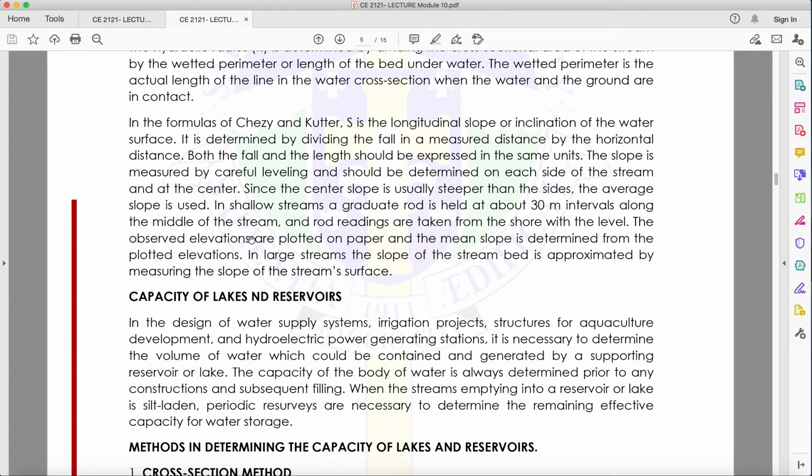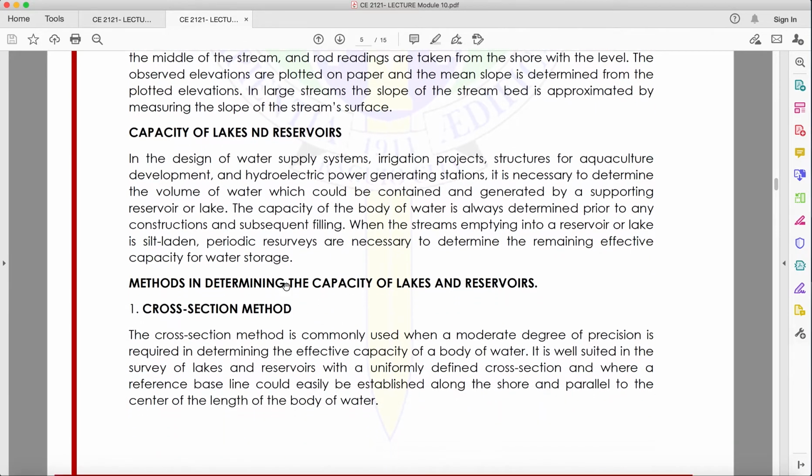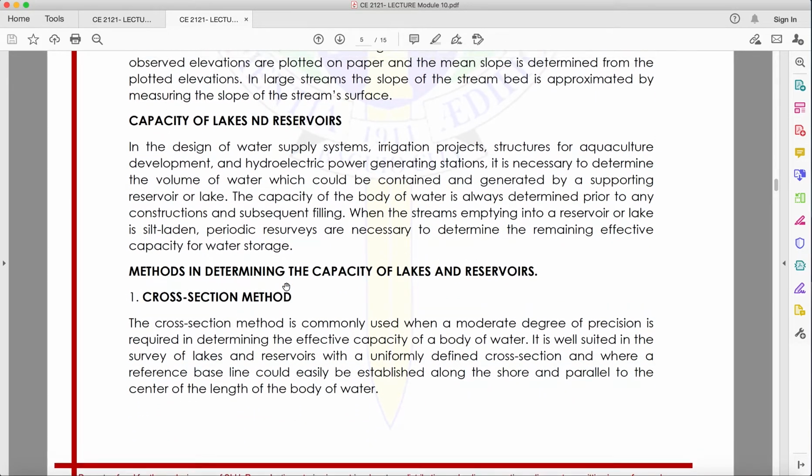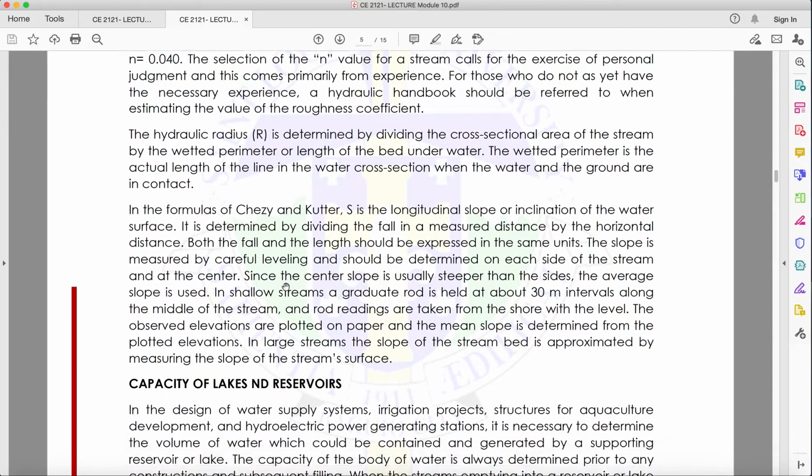In shallow streams, a graduated rod is held at about 30-meter intervals along the middle of the stream, and rod readings are taken from the shore with the level. Observed elevations are plotted on paper, and the mean slope is determined from the plotted elevations. In large streams, the slope of the stream bed is approximated by measuring the slope of the stream surface. So that would be the step.